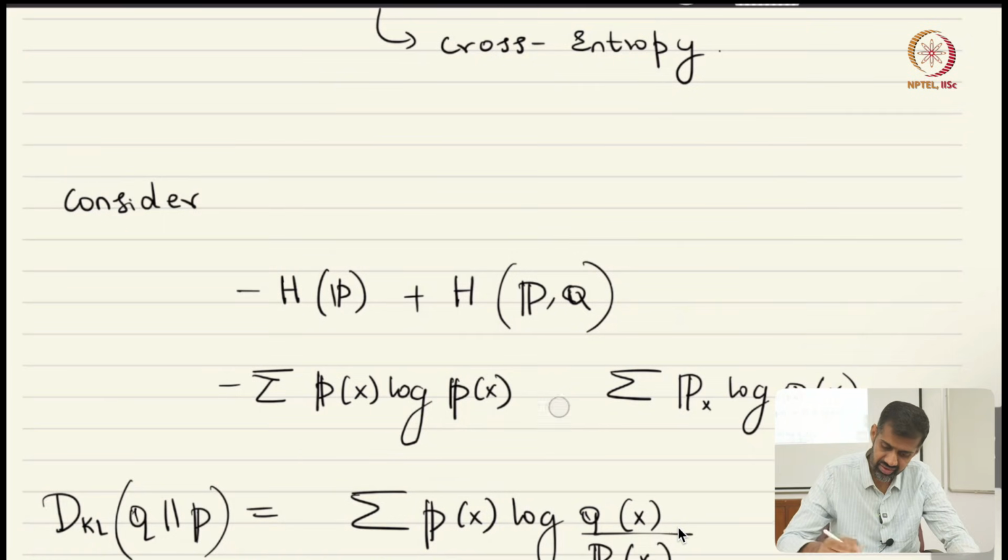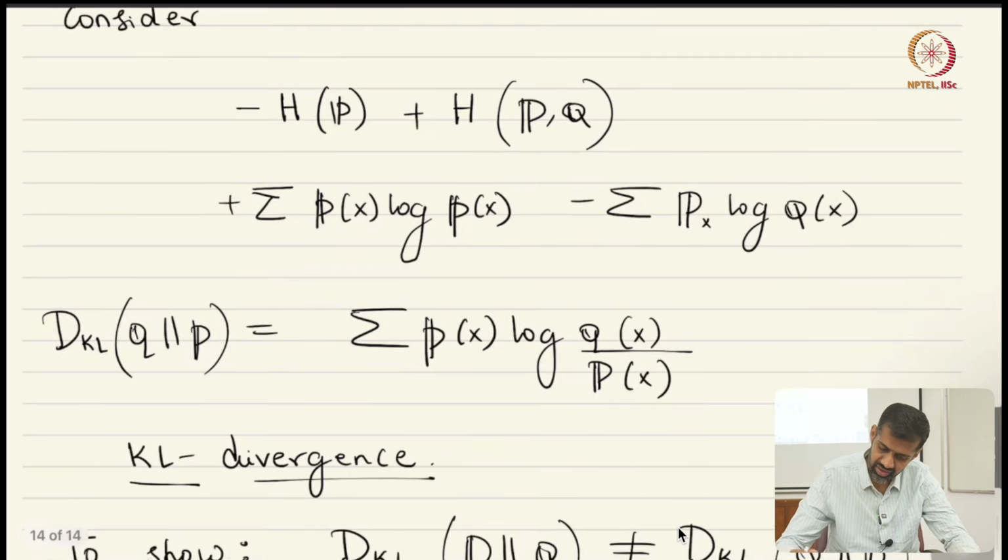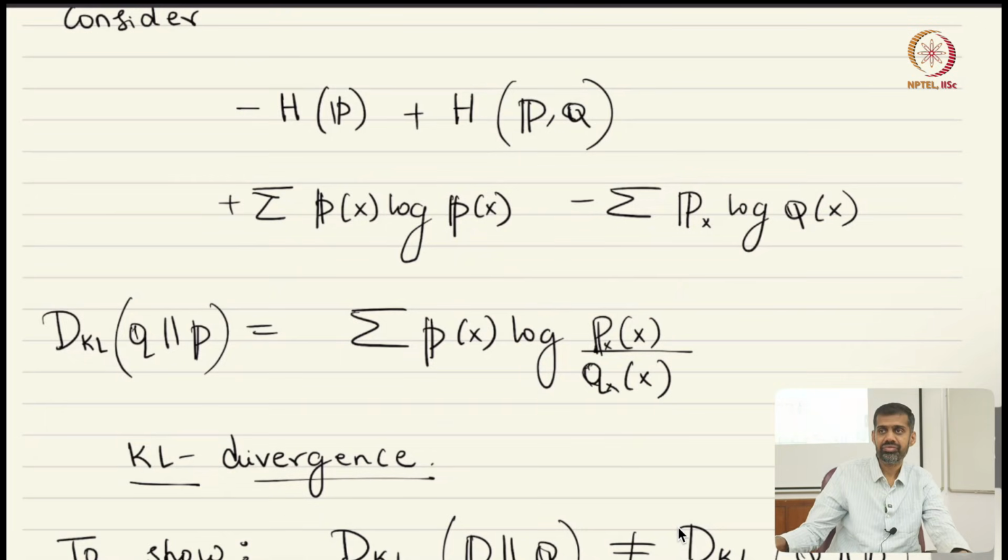I think there's a minus here and a plus here, right? And this will make it P by Q. Okay, correct. Yes.